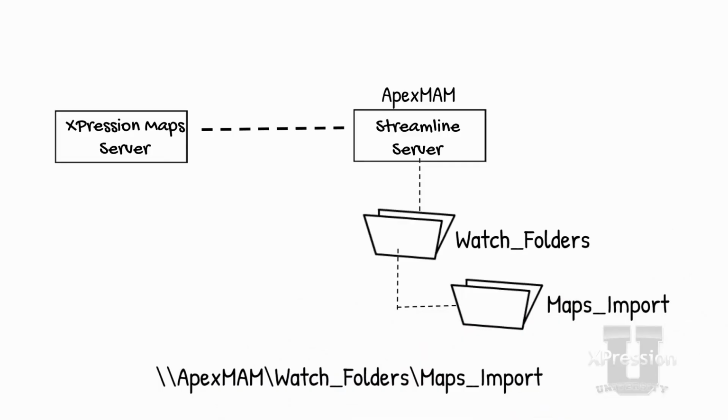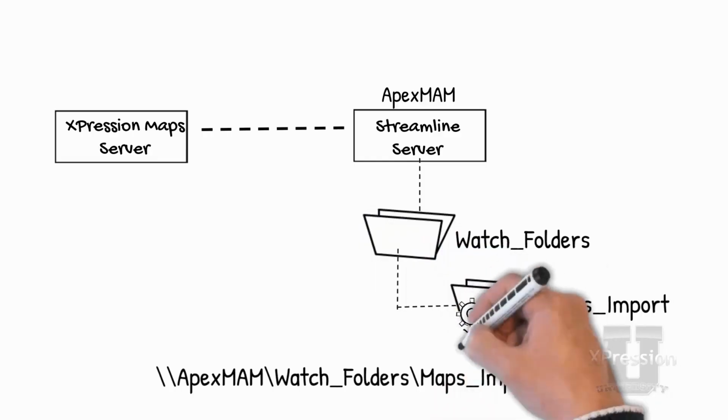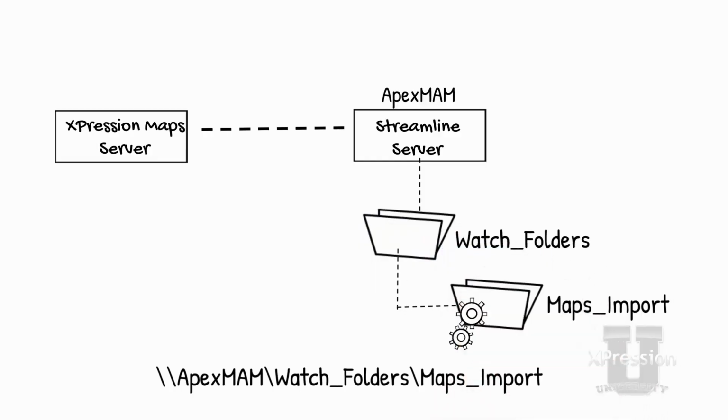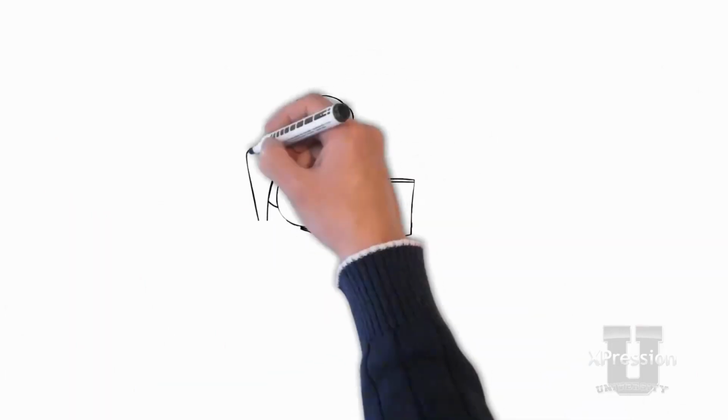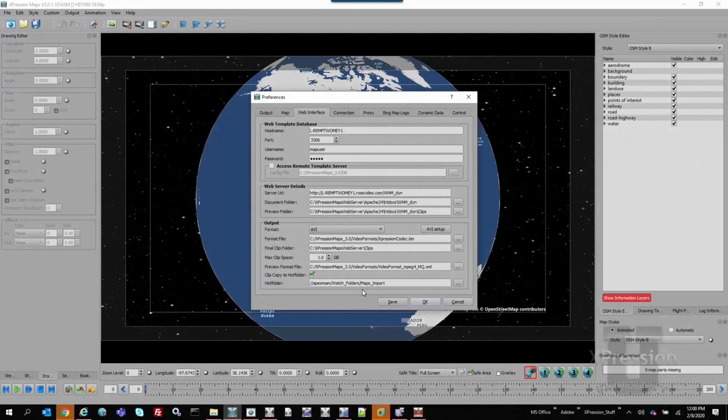And what this allows the systems to do is files that are created by XPression Maps are automatically copied from the Maps server into this HotSync folder or watch folder that's on the Streamline server, and then the Streamline server automatically ingests that file into the Streamline system and shows it to all the users on Streamline. So now let's go take a look at how that configures over on the Streamline server.